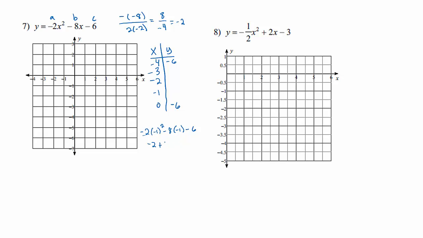And that means that this should also be 0. And I plug in -2, and I get -8 plus 16 minus 6. So that's -14 plus 16, which is 2. And that goes right there. So I am going to plot these points.